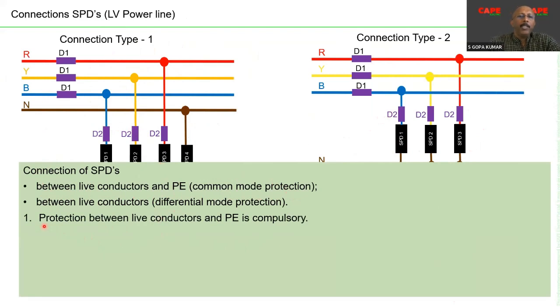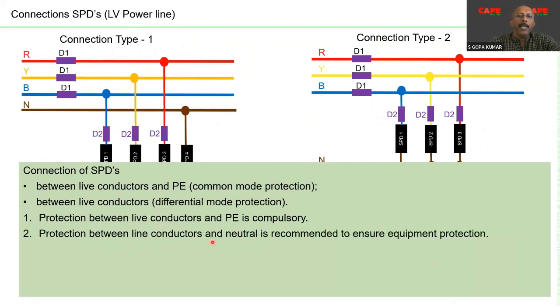Condition number 1: protection between live conductors and PE is compulsory, especially at the origin of the installation. Protection between line conductors and neutral is recommended to ensure equipment protection. At the origin of the installation, the purpose of installing an SPD is to divert the lightning current.